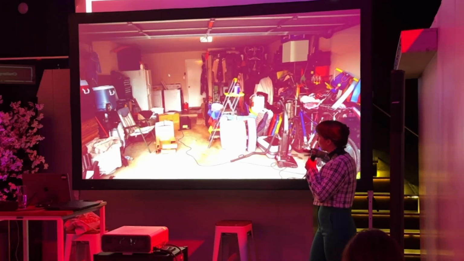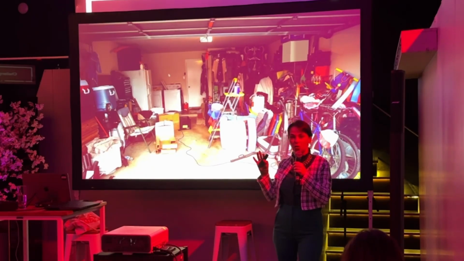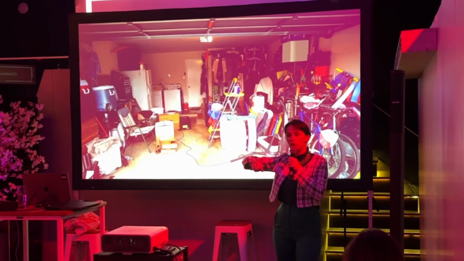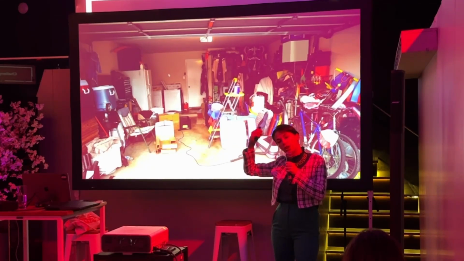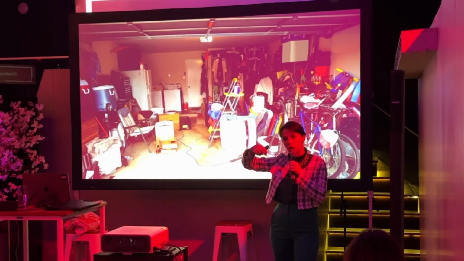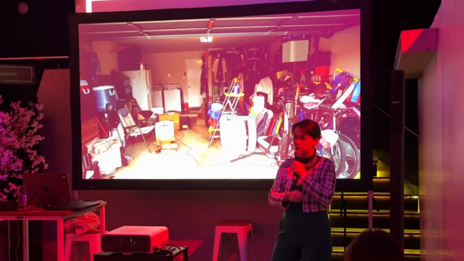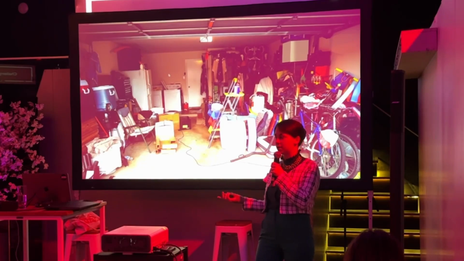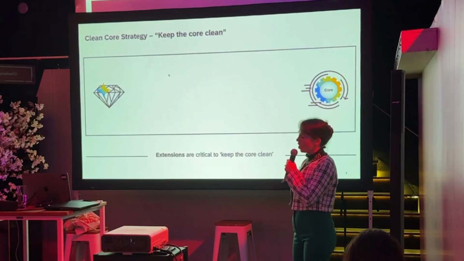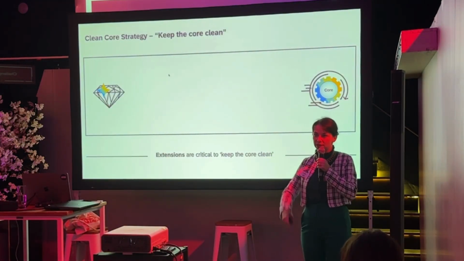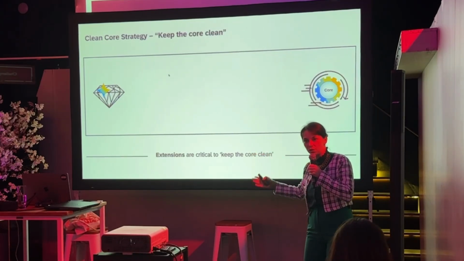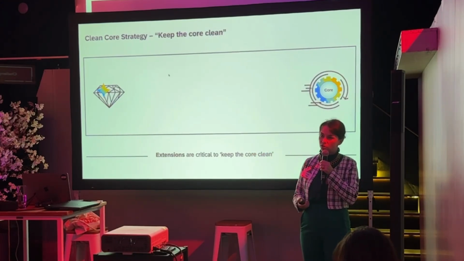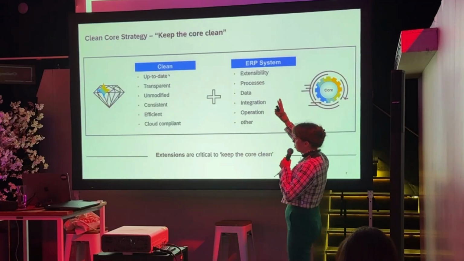It's about trying to make sense of what you need and what you want to use going forward. And if you're thinking about a cloud transformation, which are the things you really want to keep, and which of those things you might want to upgrade to the new parts. So this clean core strategy, and this word you might have heard already, or it might be new to you, is first of all about trying to be clean.